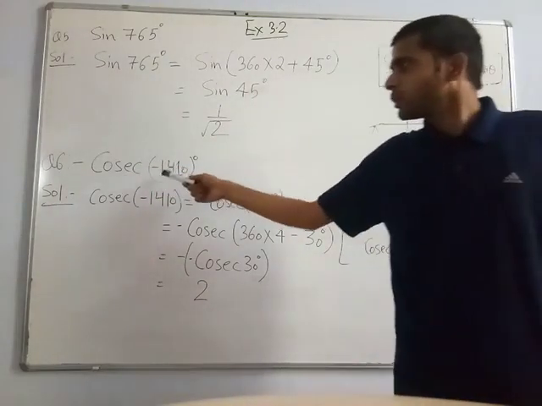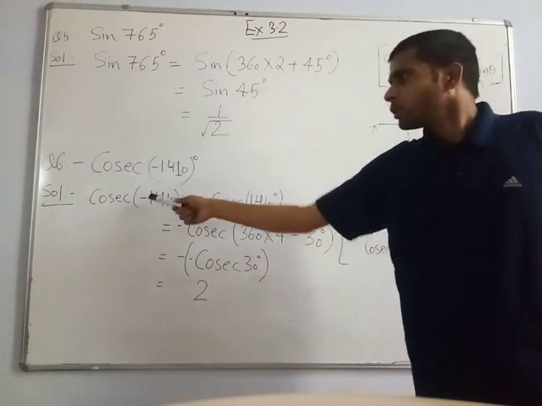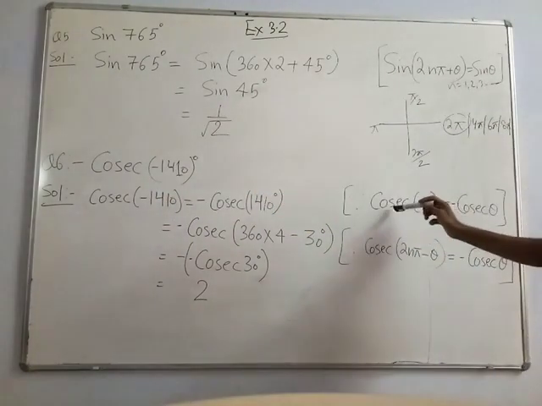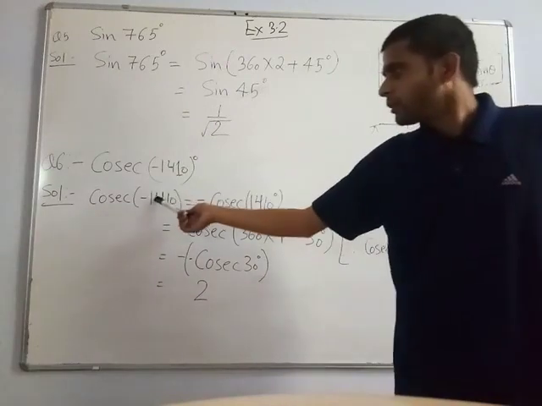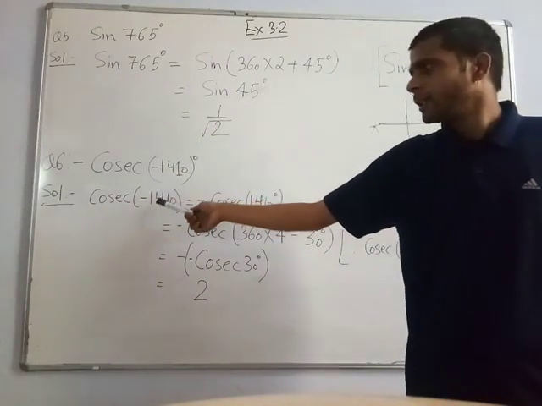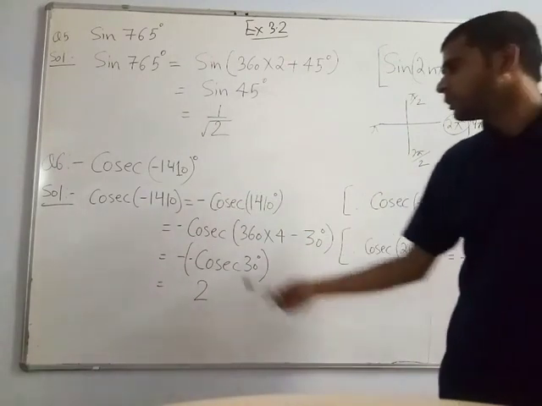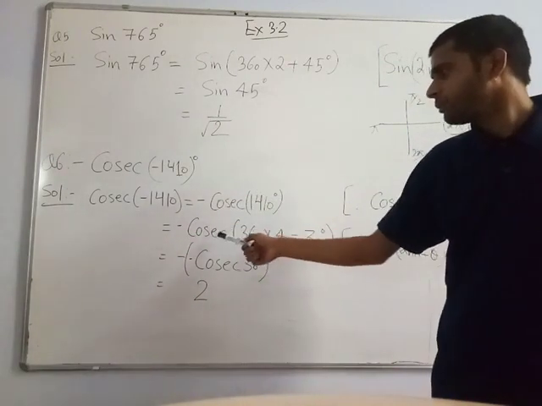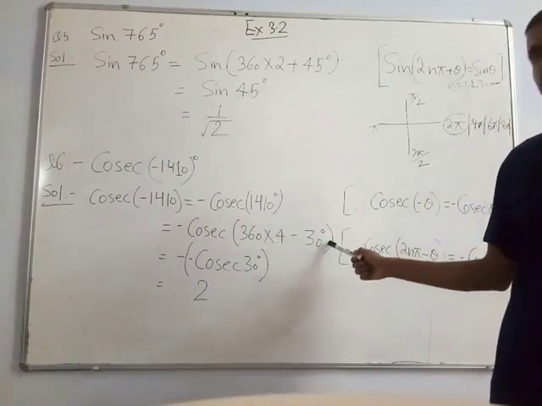Then minus cosec 1410. Cosec of minus theta equals minus cosec theta. So cosec of minus 1410 equals minus cosec 1410. So the minus sign is there, and cosec 1410 is 360 multiplied by 4 minus 30.